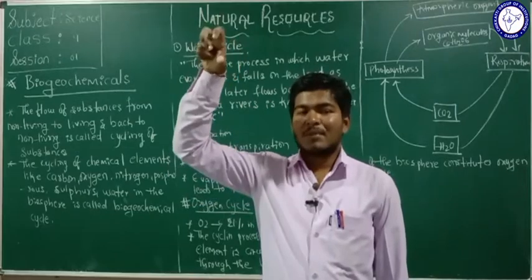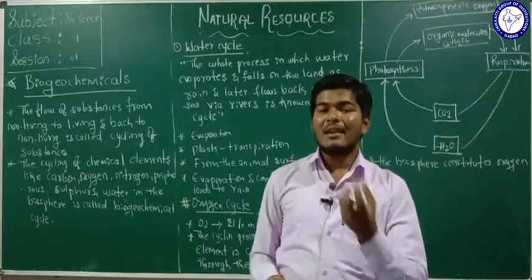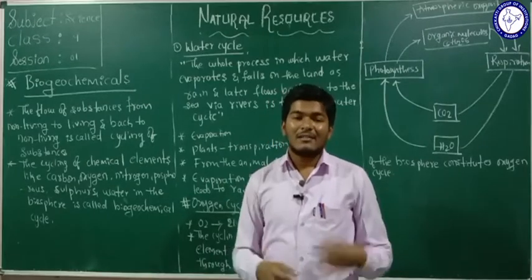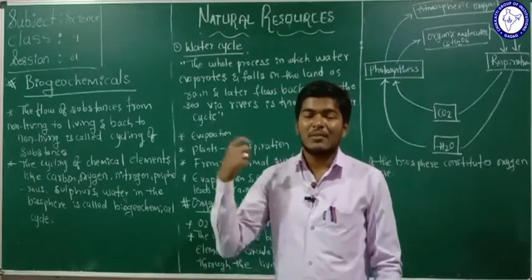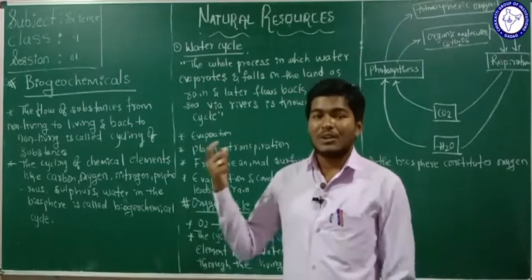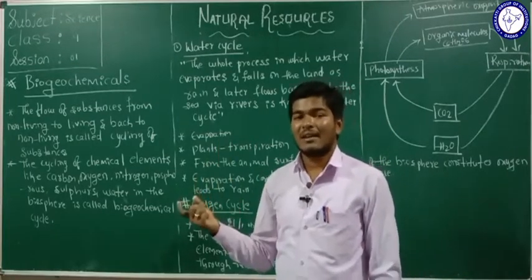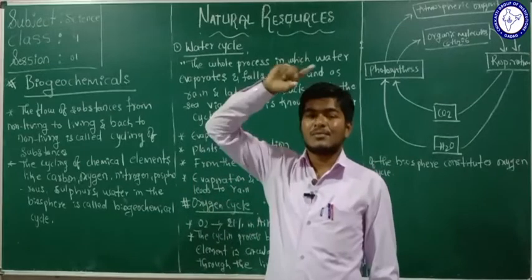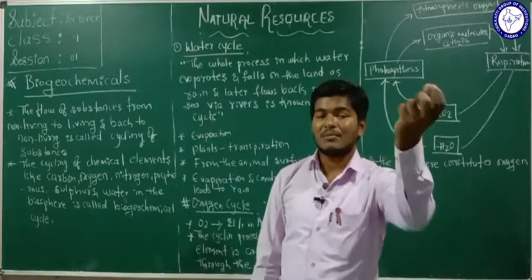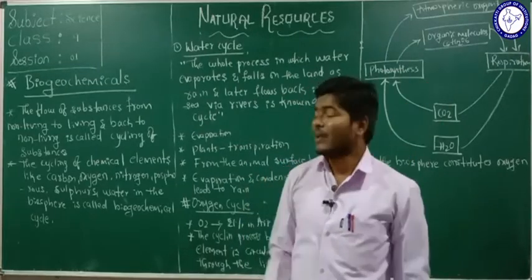The oxygen present in the air is used for the respiration process. Afterwards, carbon dioxide is released by human beings and other living organisms, and oxygen again goes through the atmosphere. So we see continuous cycling of some chemicals in the atmosphere.